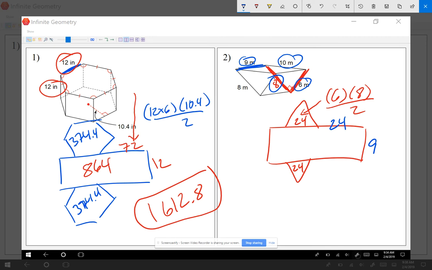Now, for the rectangle in the center, I'm just going to go 24 times 9. That gives me 216. Add the 3 areas, the big rectangle and the 2 triangles. Add them all up, and that gives you 264. You have a big rectangle and 2 bases.